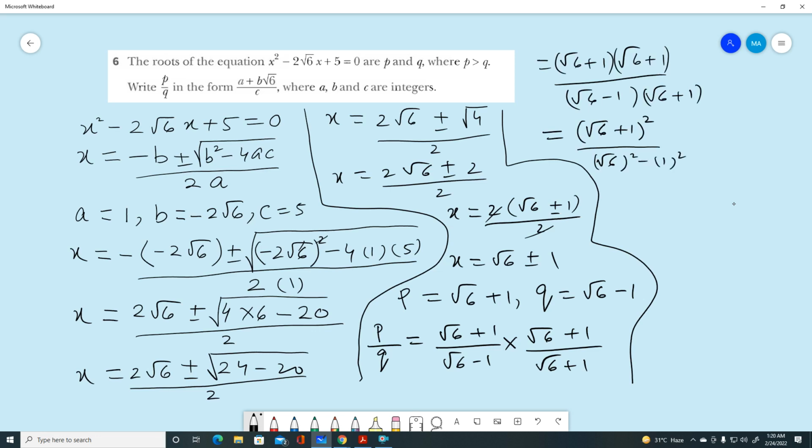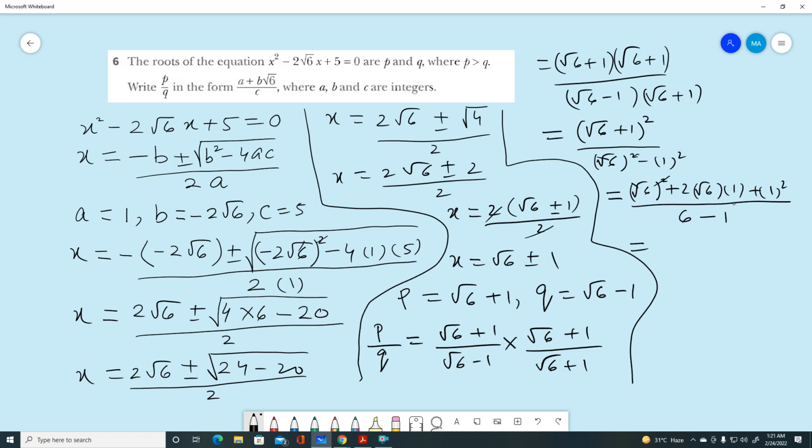Root 6 plus 1 whole square can be expanded by the formula a plus b whole square. So a square, root 6 square, plus 2 a b, 2 root 6 times 1, plus 1 square, upon root 6 square minus 1 square. Root 6 square is 6, 1 square is 1.